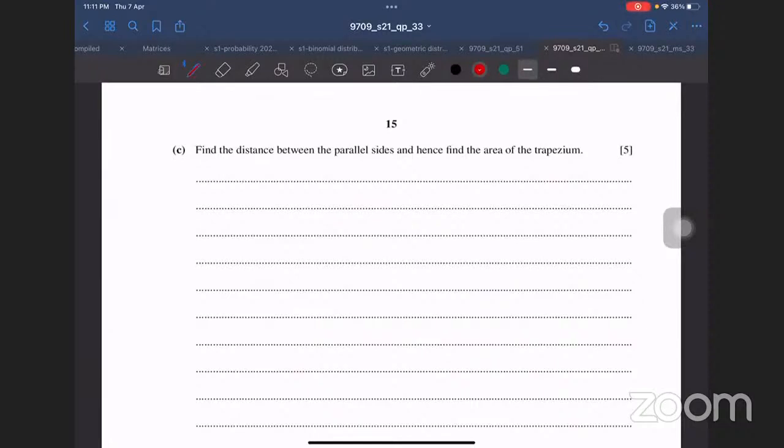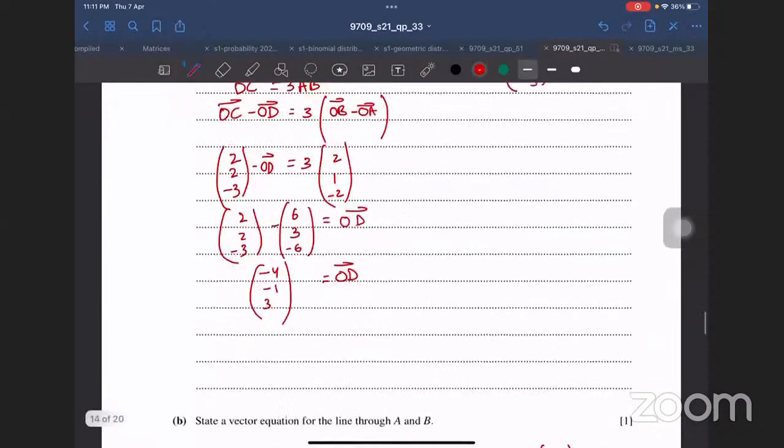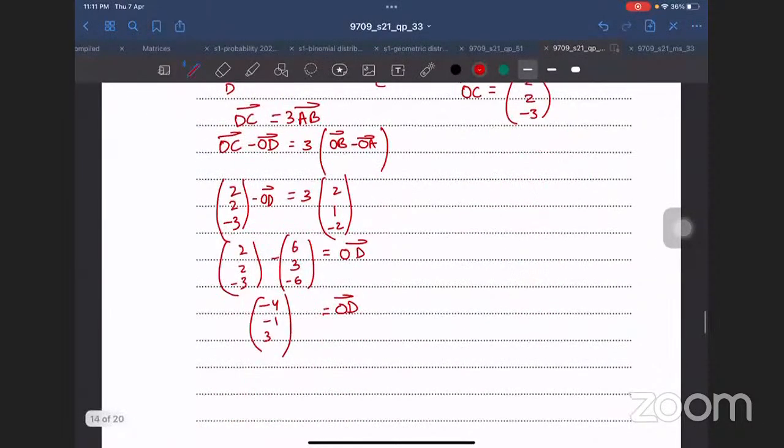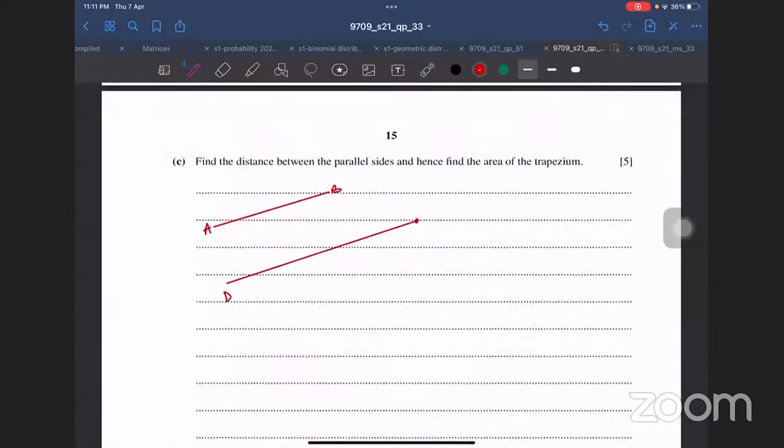Or I could simply do this. I don't think I need CD. I have the vector equation of the line AB. Okay. And I could say that this is the point D. AB is parallel to DC. Okay. This is the line DC.